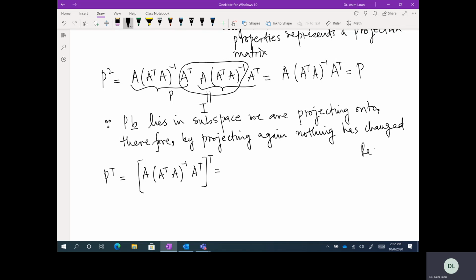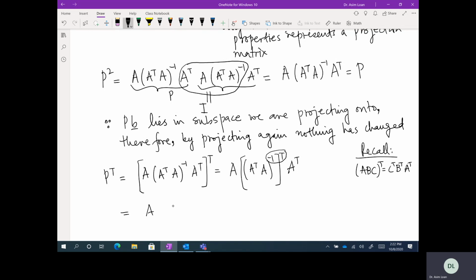So recall (ABC) whole transpose is C transpose, B transpose, A transpose. So we have A transpose transpose, then (A transpose A) whole inverse transpose, into A transpose, which is equal to A. These two we can reverse. We can reverse this order.